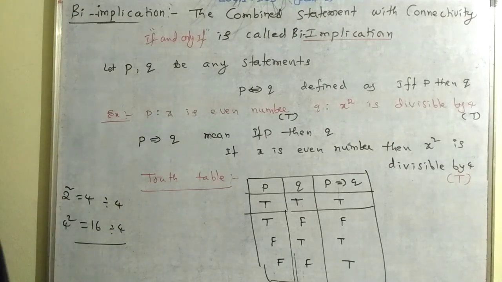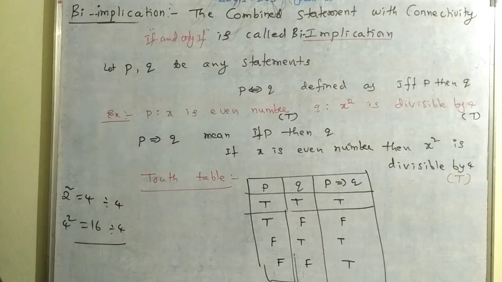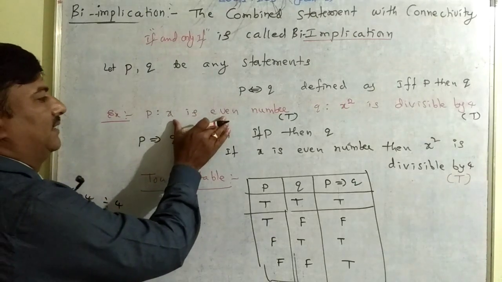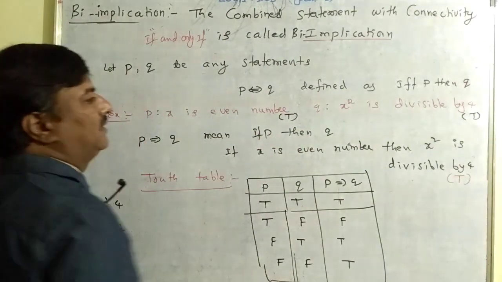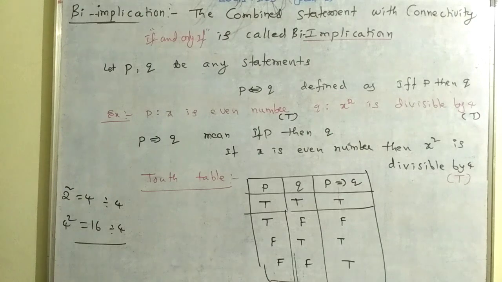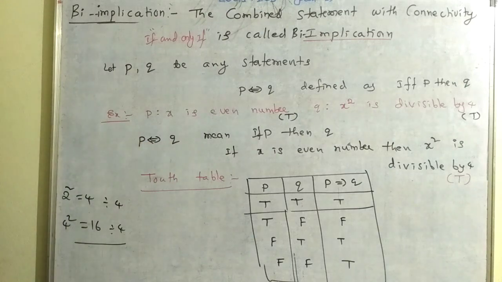Let us consider an example to write the biimplication. Two statements are given. X is an even number, and the second statement is x square is divisible by 4. P biimplication Q we want to write.